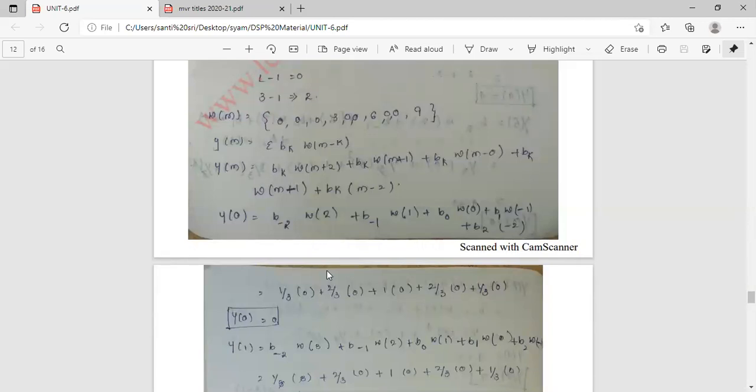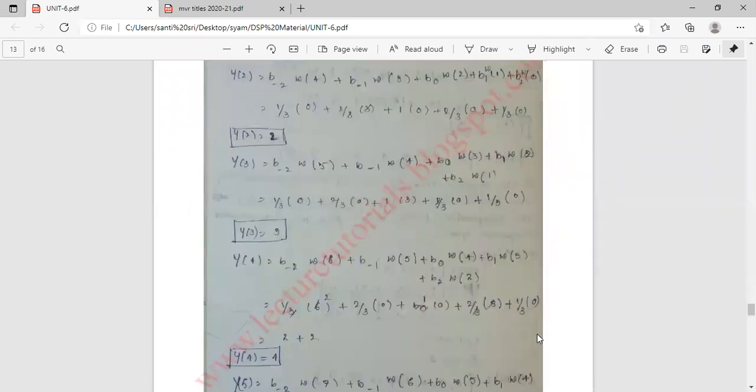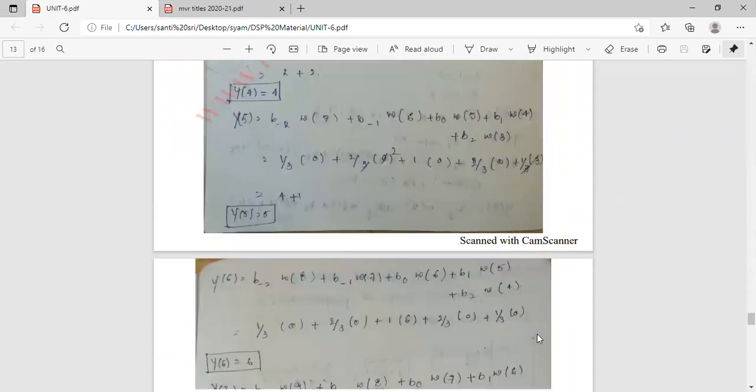Similarly, we can calculate y of 1 value. So m value is 1, so that it will become w of 3, w of 2, w of 1 minus 0, that is 1. Okay, w of 0, w of minus 1, like this.